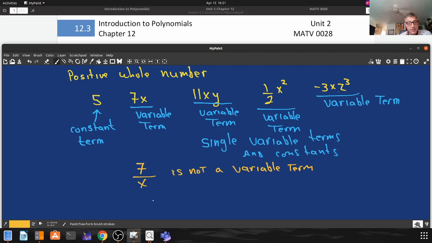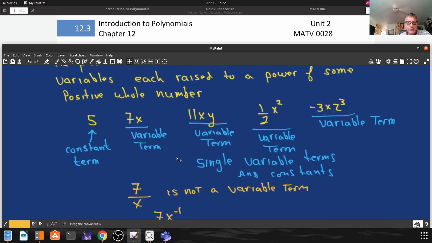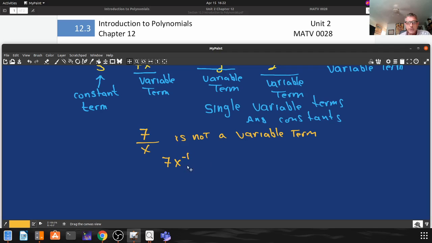Because using our rules of exponents, this is equal to 7 times x to the minus 1. And if we look in my definition, the variable power must be some positive whole number, and minus 1 is a whole number, but it's not positive. So keep that in mind. If our variables have powers at all, they have to be raised to a positive whole number.